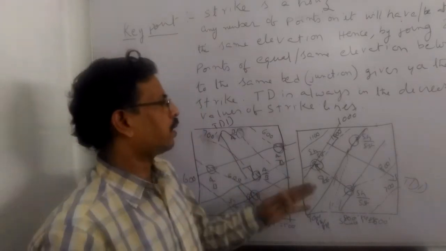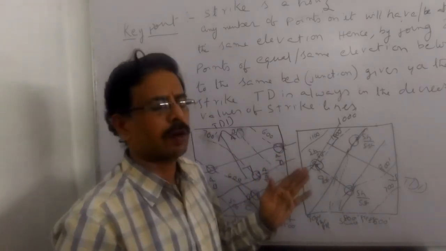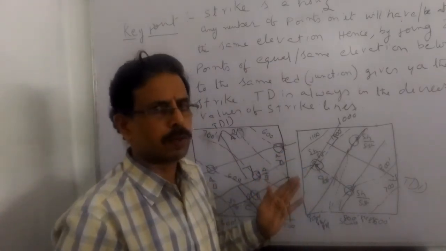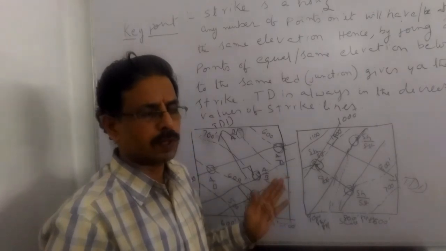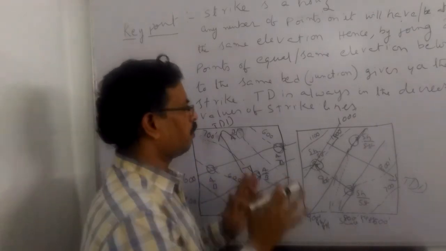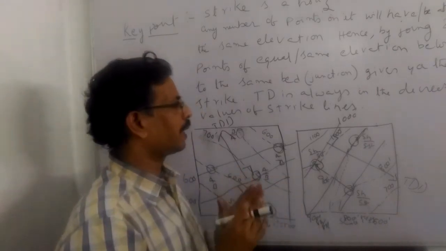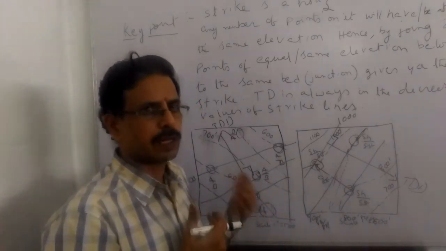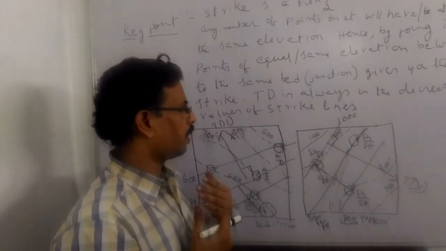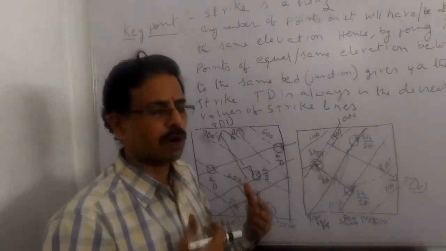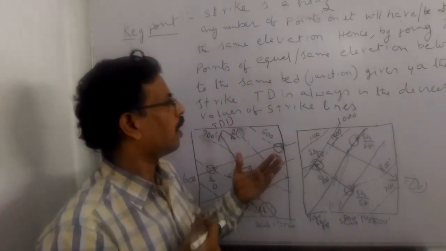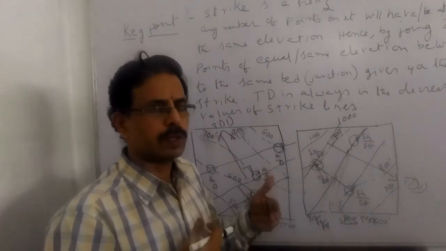So this is the way to solve any kind of maps or problems in geology, and these are the very basic maps. I will take some complicated maps in the upcoming classes, and I will explain each and everything, how to get the outcrops, overlap position and other things.